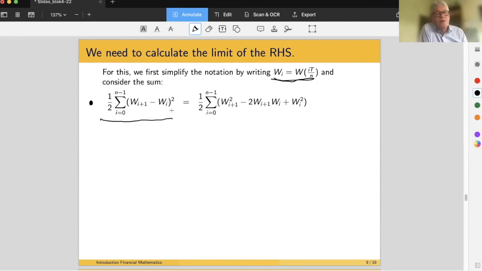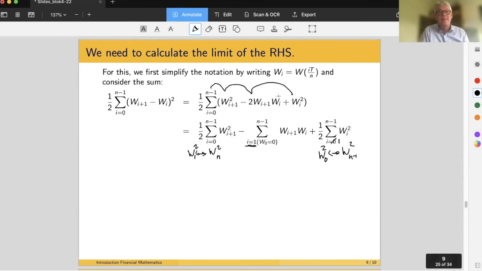So we write this, and let's first look at this term, 1/2 sum i runs from 0 to n minus 1, (W_{i+1} minus W_i) squared. So we will write the square out. So this is in fact 1/2 the sum again from 0 to n minus 1 of the first one squared, W_{i+1} squared, the last one squared plus W_i squared, minus 2 times the mixed term, minus 2 W_{i+1} times W_i. Now we can bring the sum inside. So this is 1/2 times this sum minus this sum plus 1/2 times this sum.